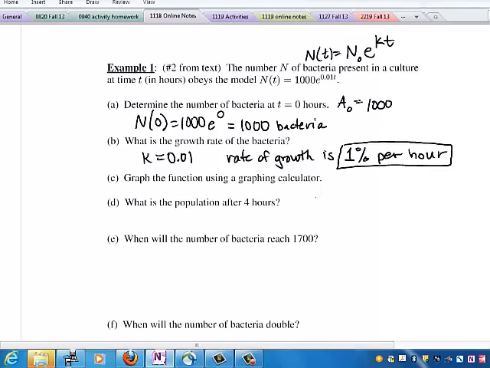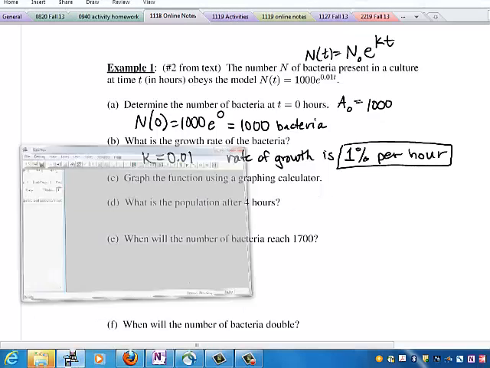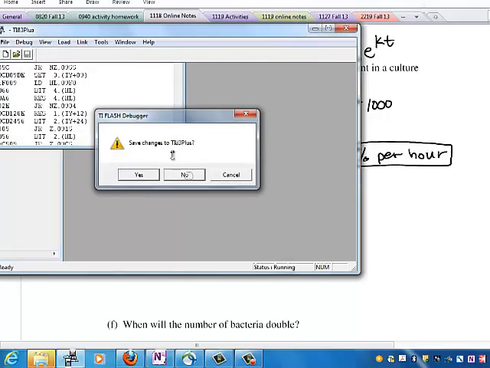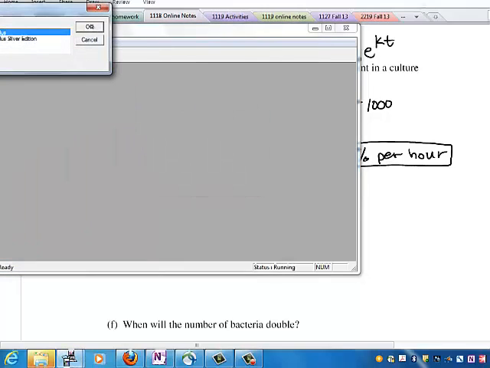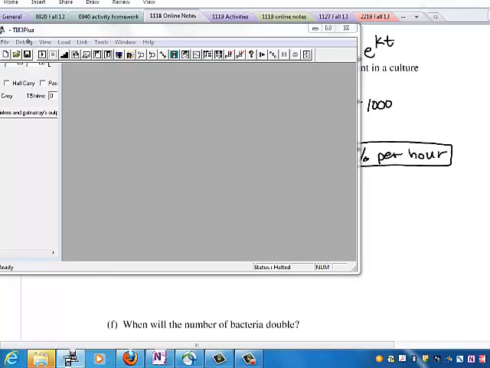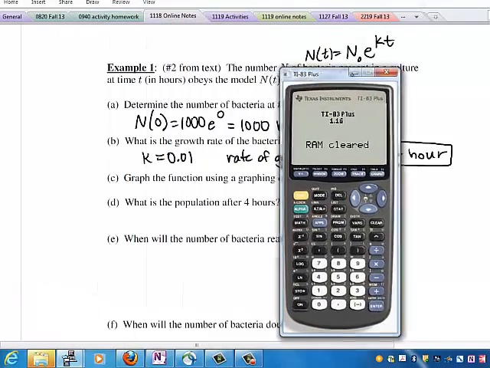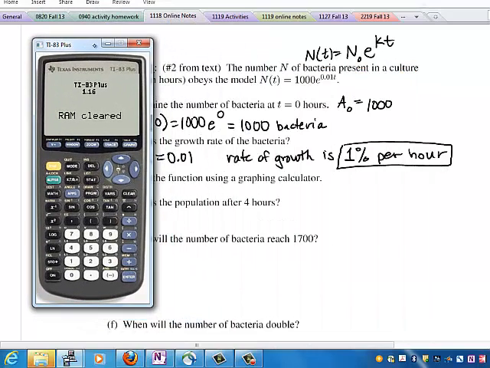Graph the function using a graphing calculator. So grab your graphing calculator and make sure you can get this to look the right way.